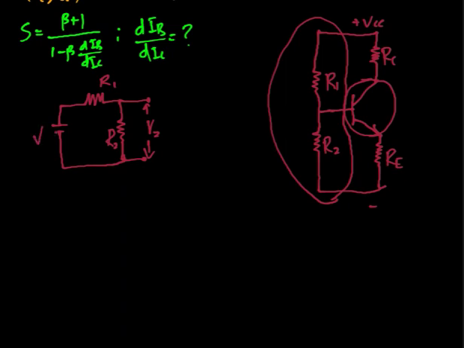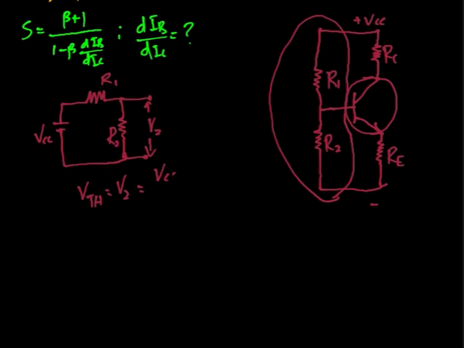Across this R2 we have a voltage V2 which appears across the base emitter junction, or we can say which forward biases the base emitter junction. So the voltage across R2 serves the purpose of transistor biasing in this circuit.